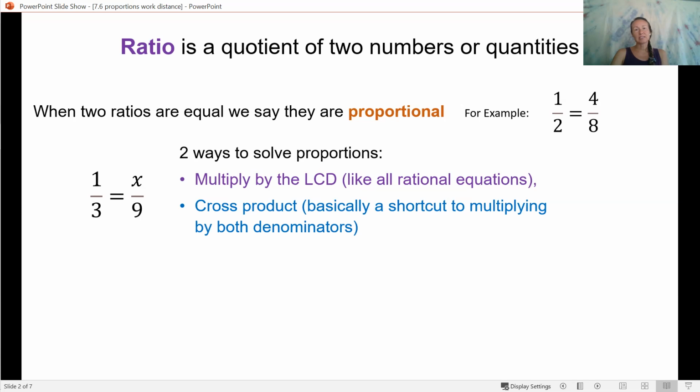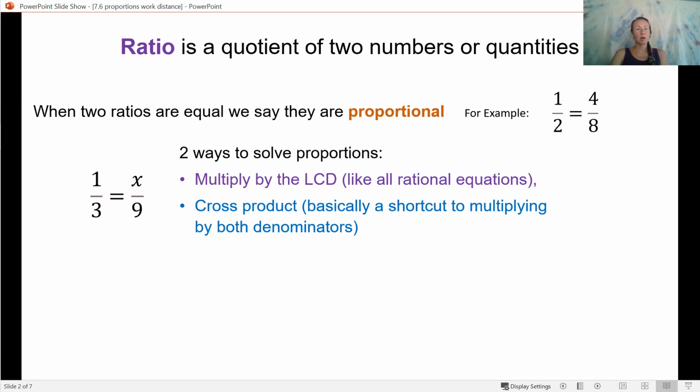There's two ways to solve these problems. We can approach it just like any other rational equation and multiply by the LCD of the denominators of all our fractions. Or when we have this specific case where we just have a fraction equals another fraction, we can shortcut that using what's called the cross product.